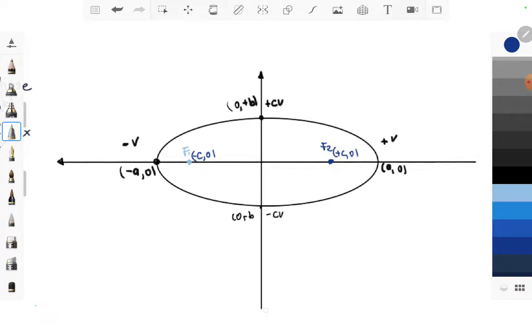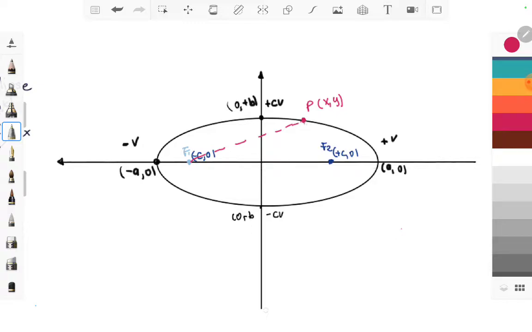Now, at any point on our ellipse, let's say at point P, or a point xy, you would notice that based on its definition, the sum of the distances to the foci is always equal to a constant.